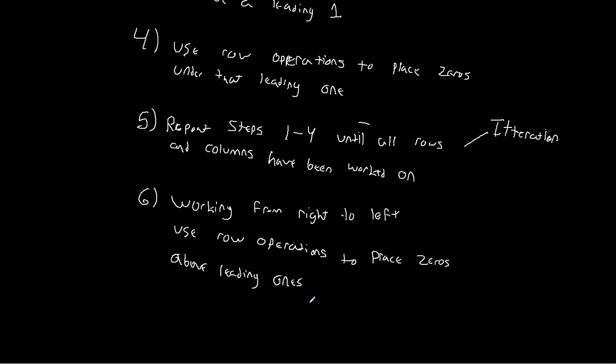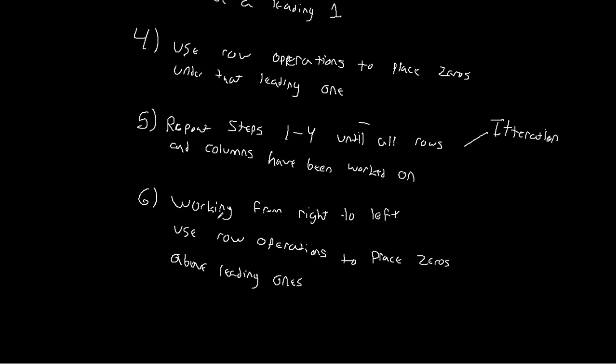If you follow these 6 steps, including this iteration step, you will hopefully end up in a place where you have a reduced row echelon form matrix.